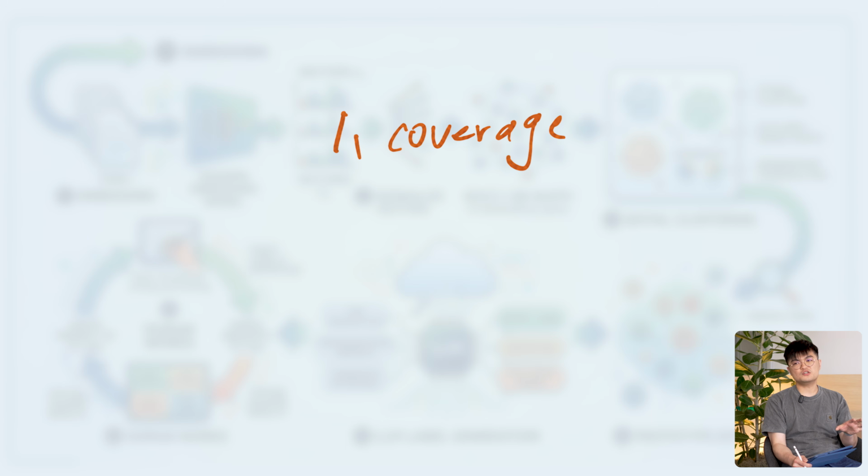The first thing I want to mention is coverage, because we are data-centric. Everything we build comes from our users' data, so we want to cover as much as possible in our data while staying precise enough. We care about quality, and we care about coverage of what we have. So this is the first thing, coverage.